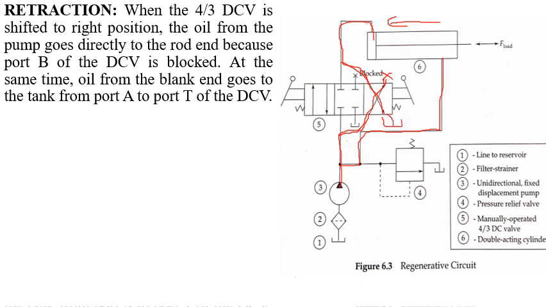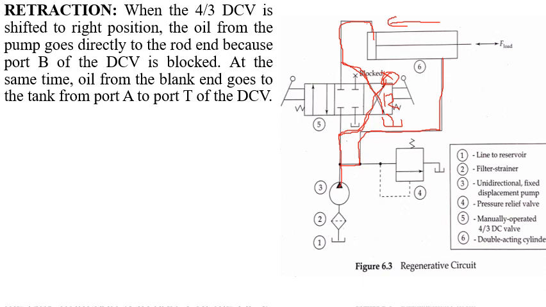During retraction, when the 4/3 direction control valve is shifted to the right position, the oil from the pump goes directly to the rod end because port B of the direction control valve is blocked. The pump flow enters the rod end by this passage.